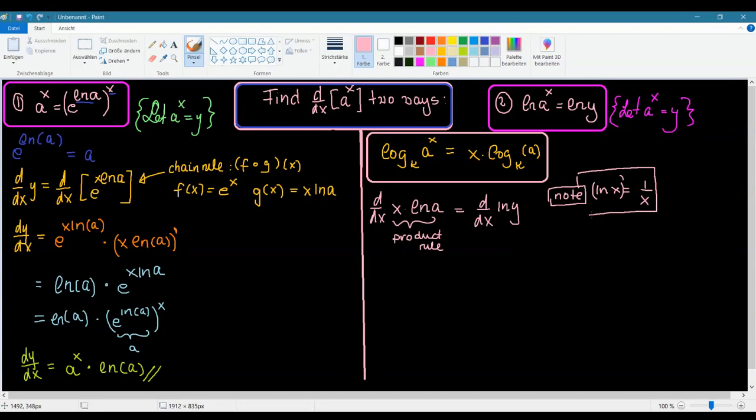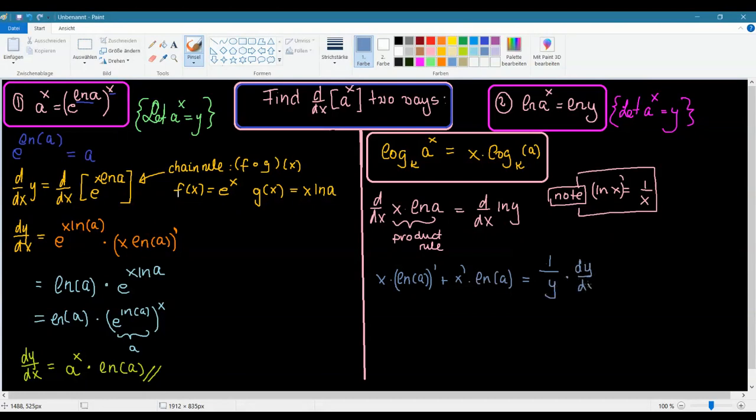Okay, now let's change colors or things are going to start to get confusing. So this is going to become x times ln of a prime plus x prime times ln of a equals 1 over y times dy over dx.